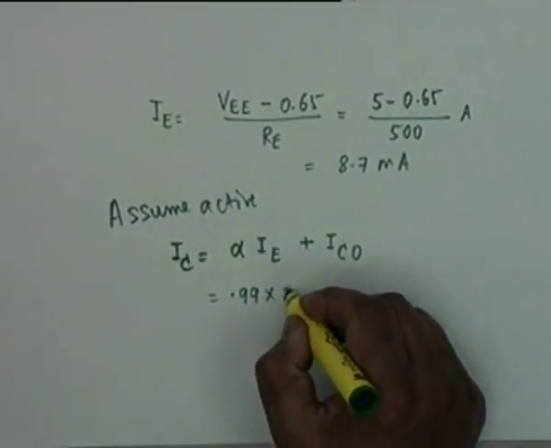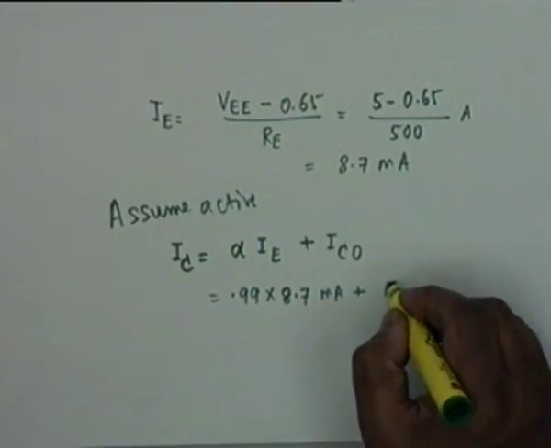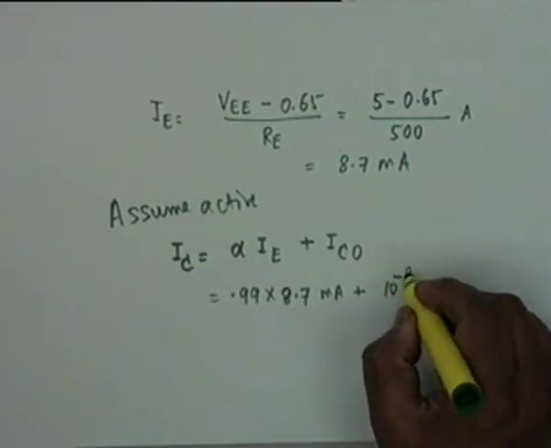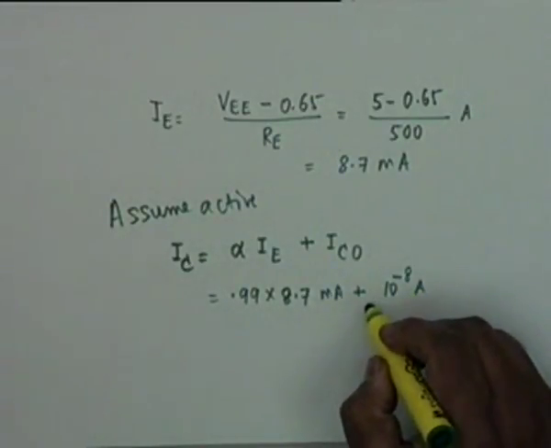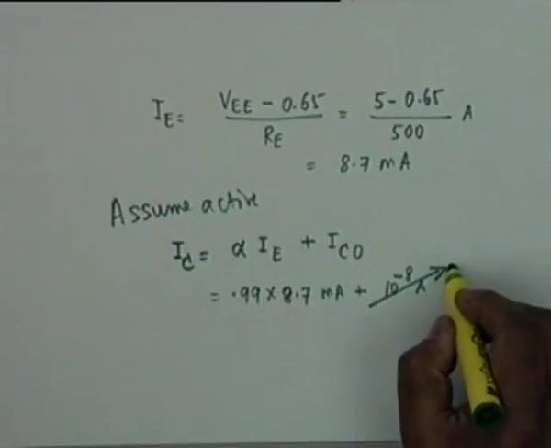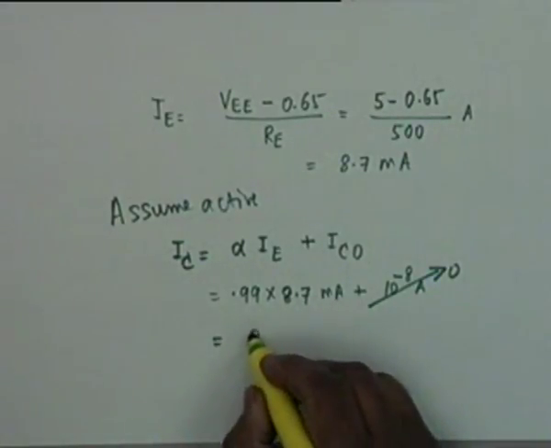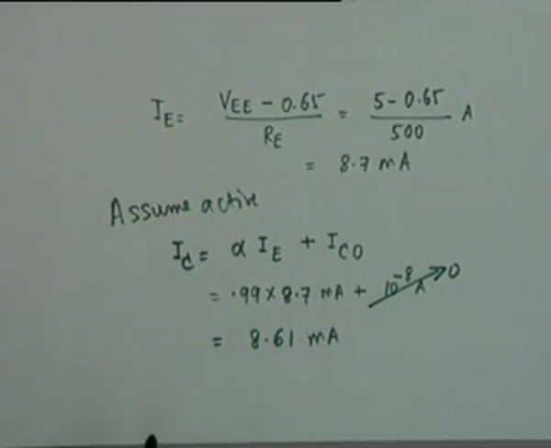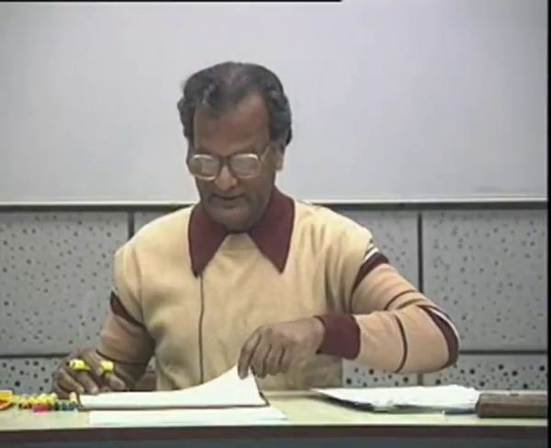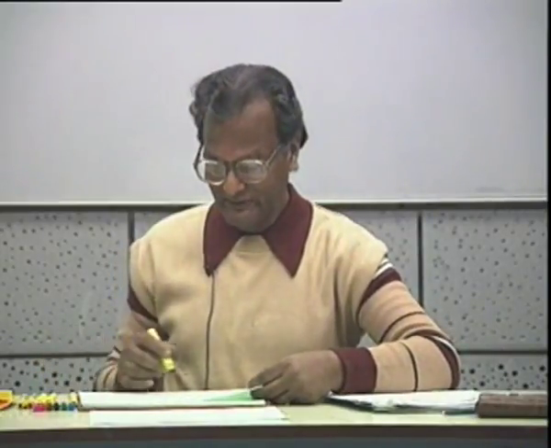I sub E is 8.7 milliamps plus ICO is 10 to the minus 8 amps, and therefore we can safely ignore this compared to the other one, and this comes out, my calculation is that it is 8.61 milliamps. Okay. Then under this condition we have found out I sub C.